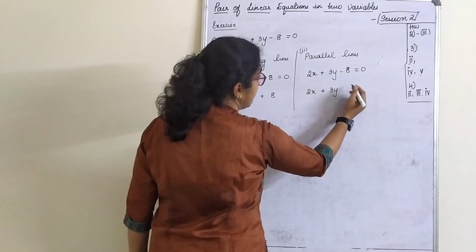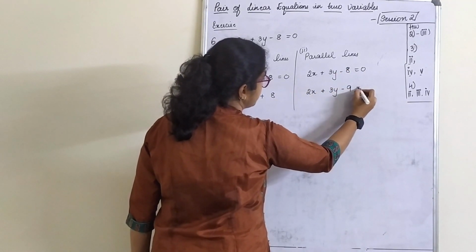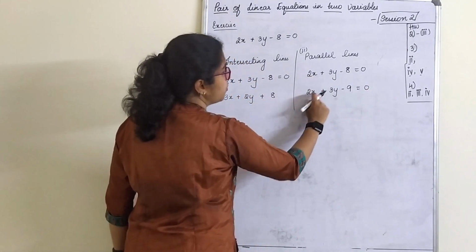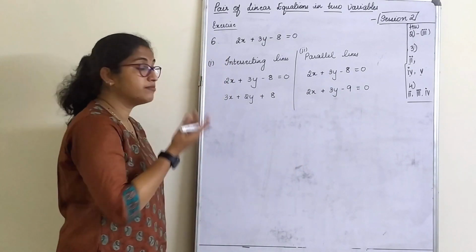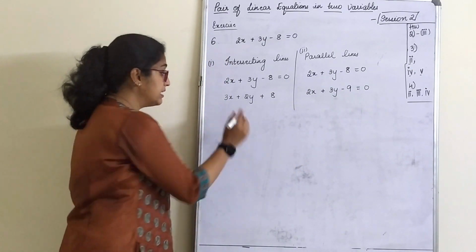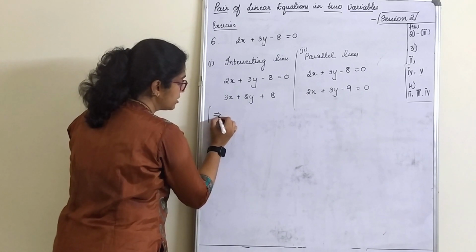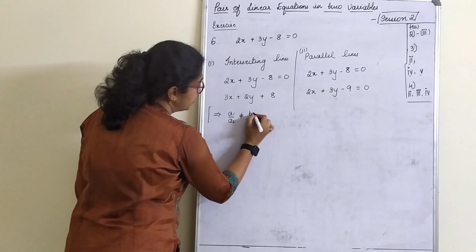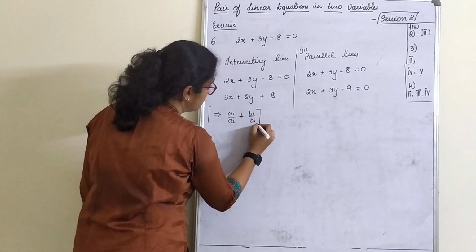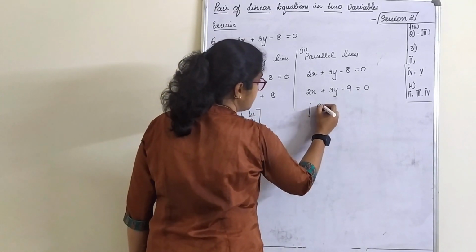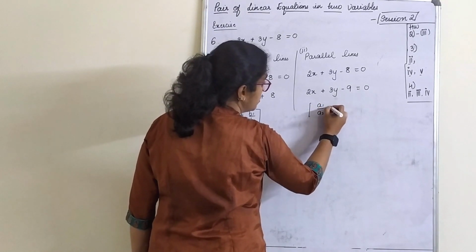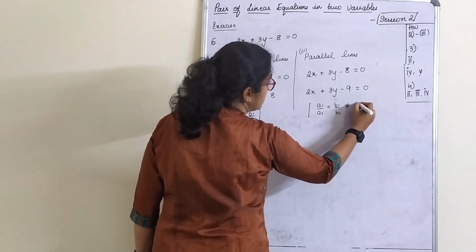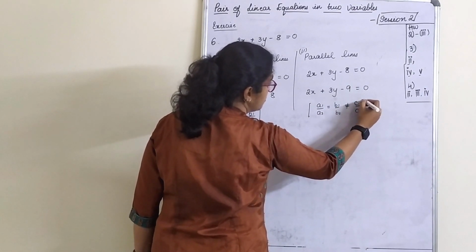Since it is minus 8, I will write this as minus 9. I can also write plus 8, doesn't matter. But again it will come here as 1 is equal to 1. So I have taken this as minus 9. See here, if you want the condition, you can just mention A1 by A2 is equal to B1 by B2 but not equal to C1 by C2, for your reference.